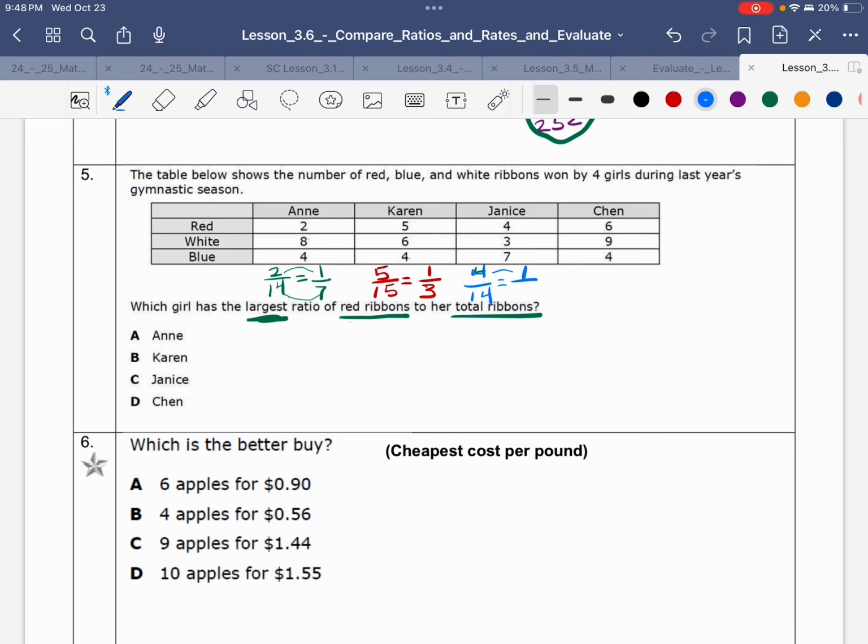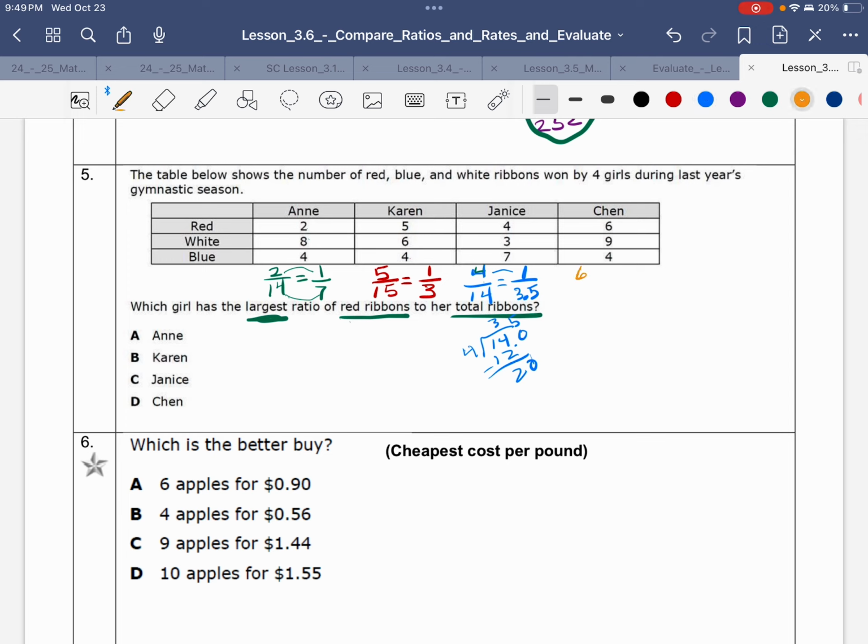But, let's see. 14 divided by 4, it's going to be a decimal. So 3, 12, 2, you can bring that down, so it will be 3.5. Okay, 3.5.